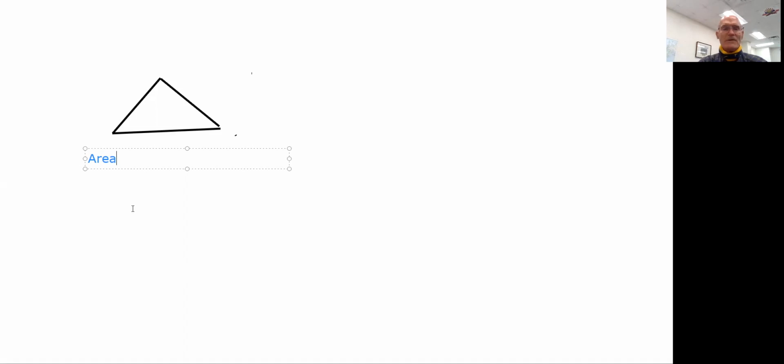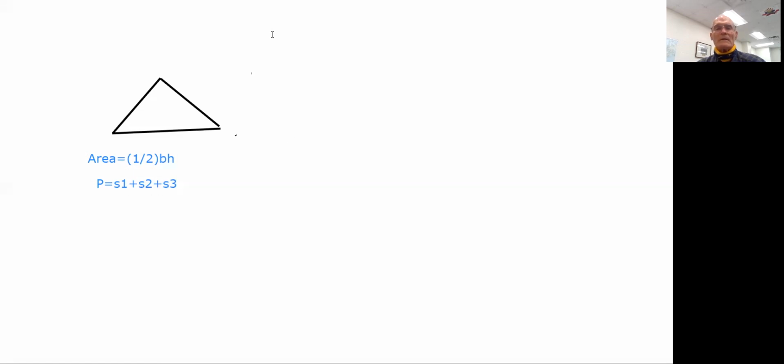And the area for a triangle equals 1/2 base, which is B, times H. And then the perimeter would be P equals side 1 plus side 2 plus side 3. In other words, the perimeter is the sum of the sides, okay?